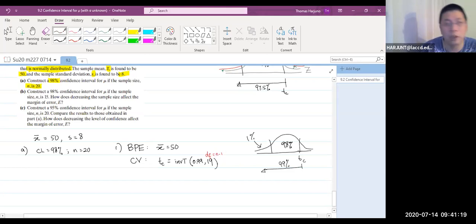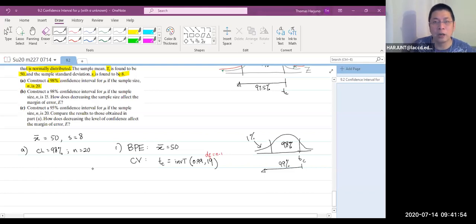Then you use your calculator. It will be second distribution, inverse t, number 4. The reason I require you to use TI-84 is because if you use TI-83, you will not have that inverse t.